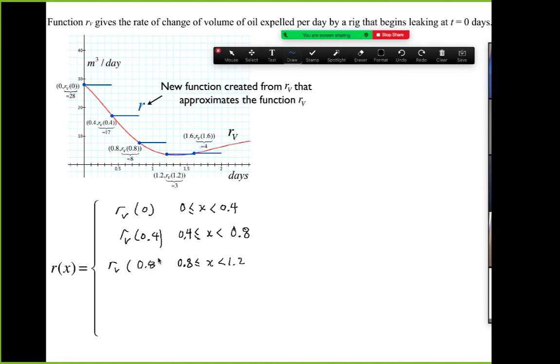Yeah, so we're going to pick off the actual rate at the beginning of every interval. And what's the last one? 1.6. So we got two more. So R sub V of the rate at the beginning of each interval.